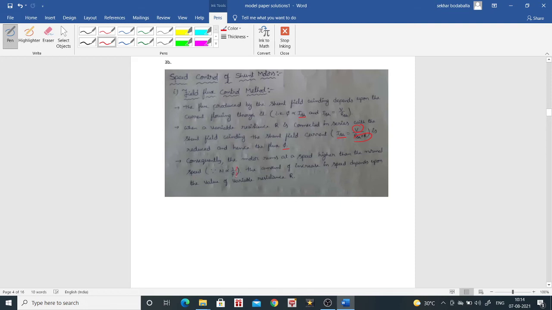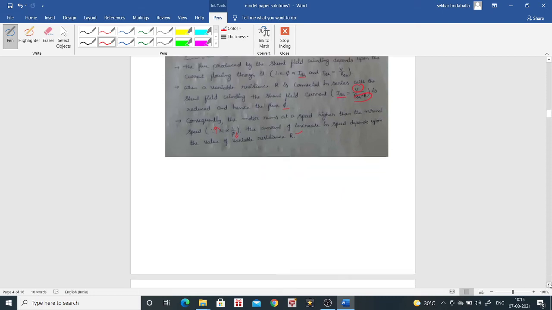As the flux decreases, speed increases. That's why the motor rotates above the rated speed. The amount of increase in speed depends on the value of the resistance inserted in the shunt field winding.